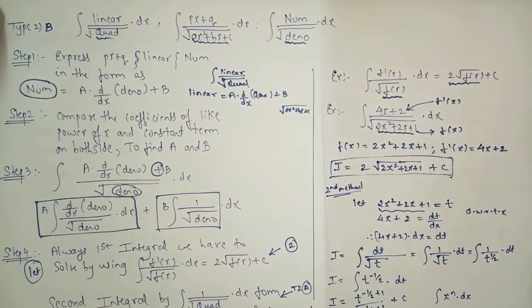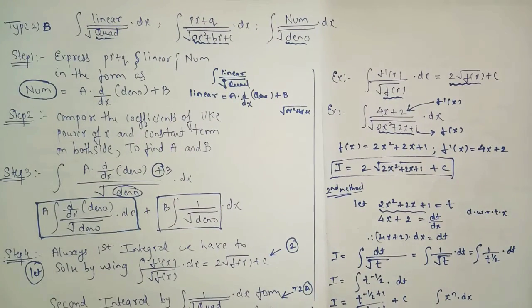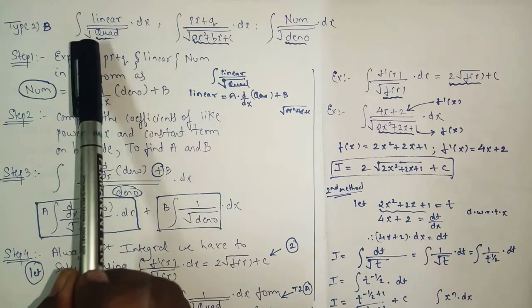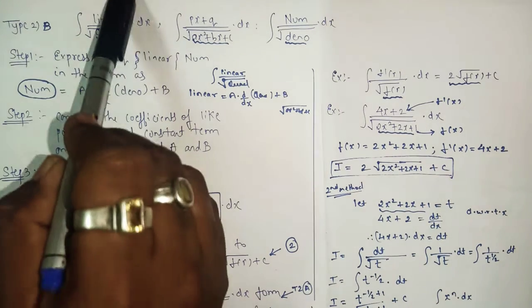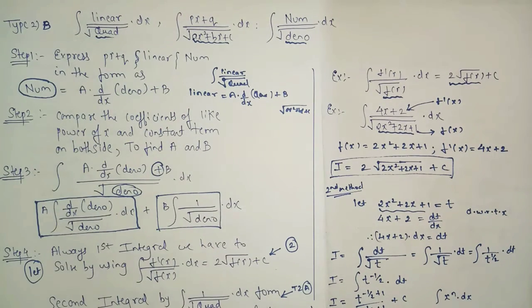Hello students, as in the last lecture we saw sums based on type number 2a, which was in the form of integration of linear upon root quadratic, and type number 1b, which was in the form of linear upon quadratic.